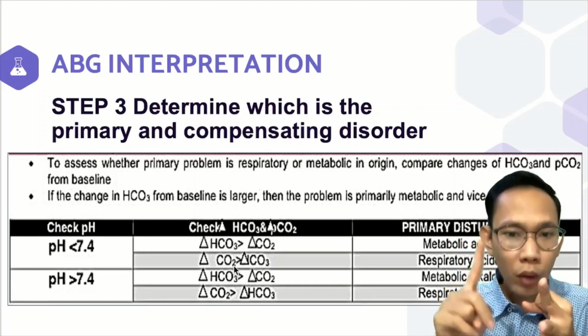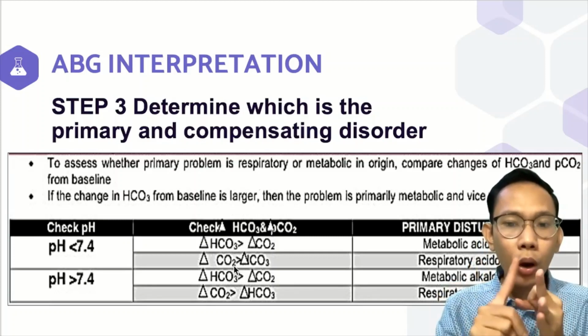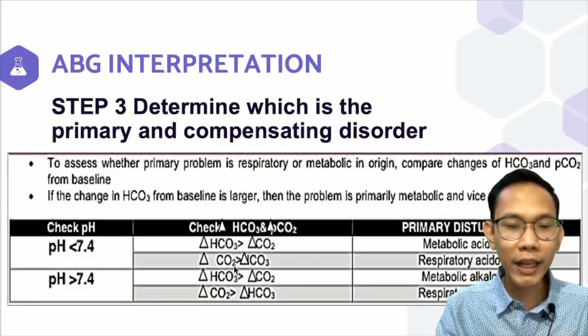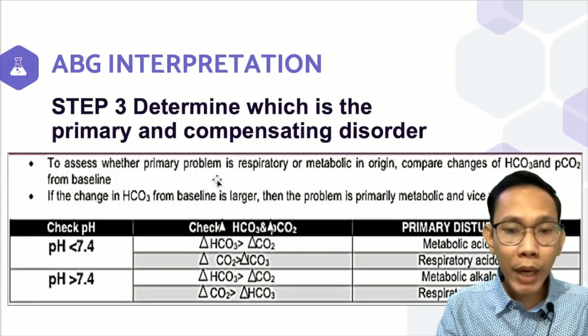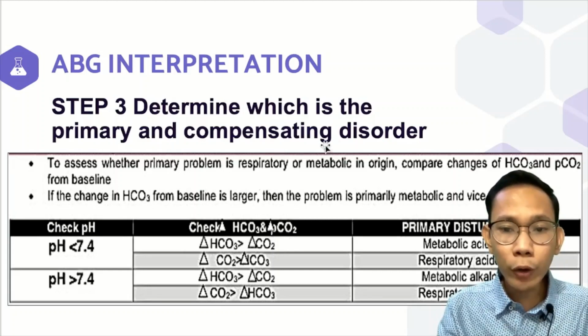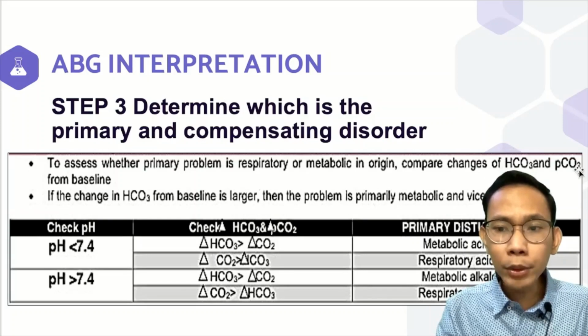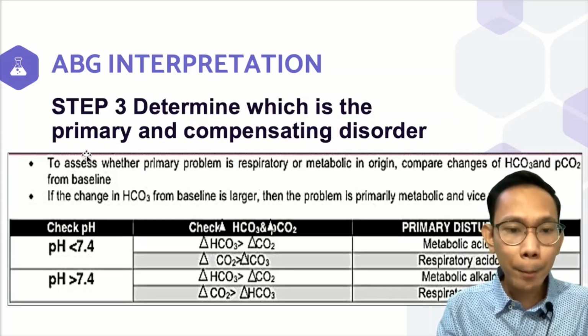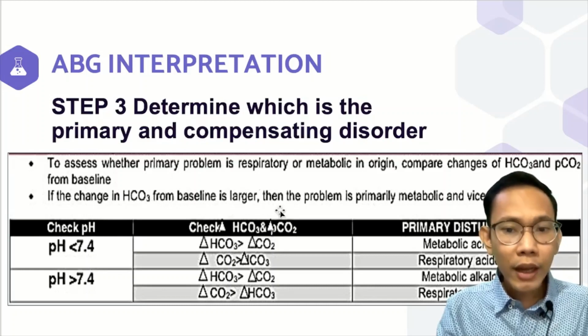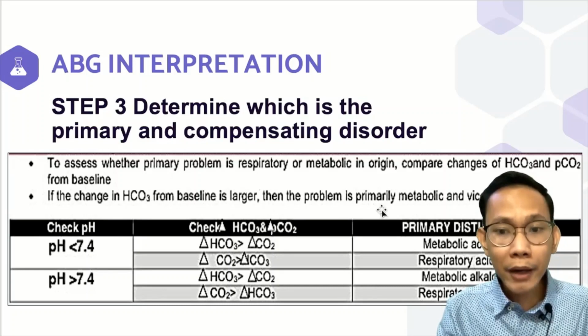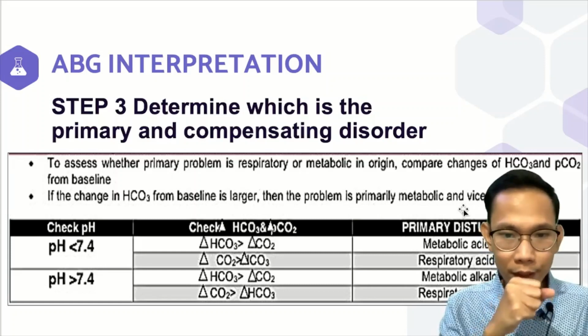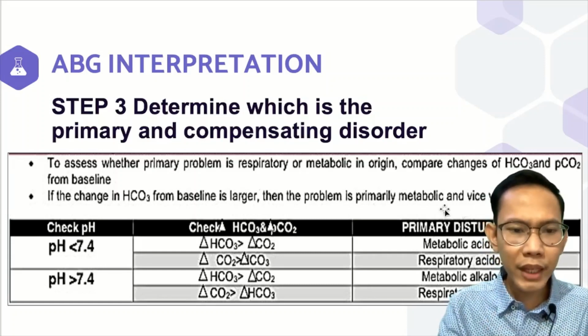Kikilalanin natin kung sino ang primary and sino yung compensating disorder. Again, to assess whether primary problem is respiratory or metabolic in origin, you compare the changes of your bicarbonate and PCO2 from the baseline. If the change in bicarbonate from the baseline is larger, then the problem is primarily metabolic and vice versa. So very basic lang, no?